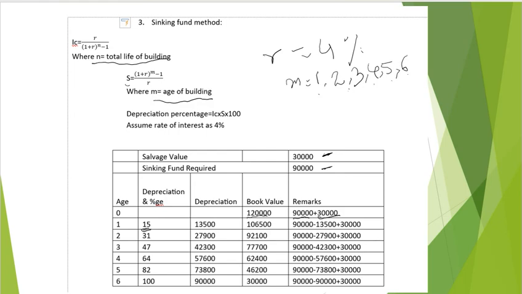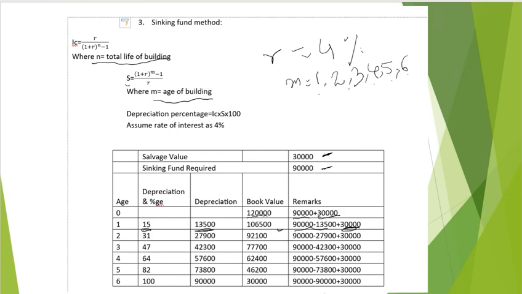You have to apply depreciation on 90,000. 15% of 90,000 is 13,500. So you have to deduct 90,000 minus 13,500, and the 30,000 will remain as it is. So the value at the end of first year will be 1,06,500.